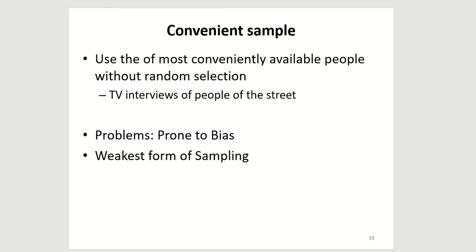For example, when TV anchors go down to the street and talk to people to ask their opinion about a certain political issue, that is a convenience sample. That is in no way a random sample. The problem with convenience samples is that they can be prone to bias, and they can be considered the weakest form of sampling.